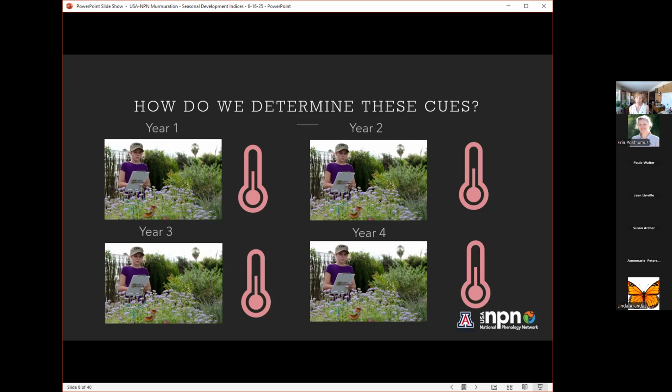And because of Nature's Notebook, we're blessed that we have both. For most of the species on our list now, we have many observations coming in for the same events at many locations across the country, and progressively more and more over multiple years. So we are really blessed with a good, rich data pool here that enables us to use these in quantitative ways.